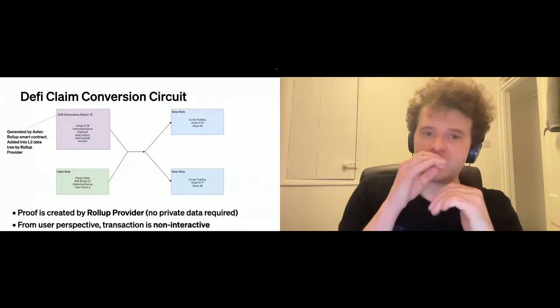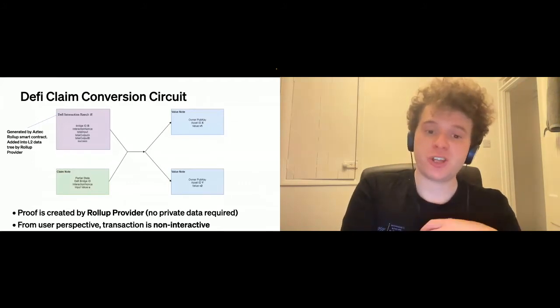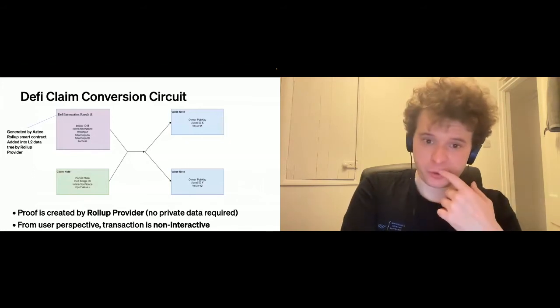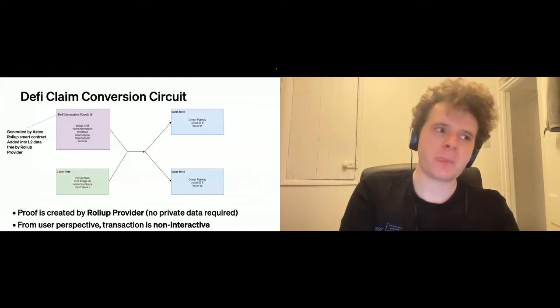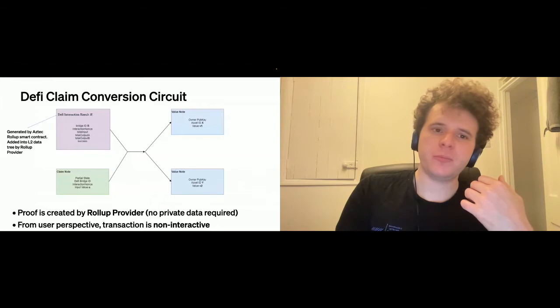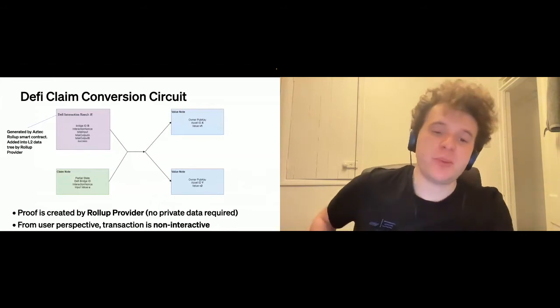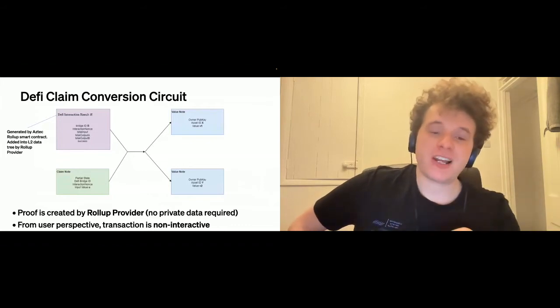And something I missed out here is we've embedded some information in the claim note to ensure that the Rollup provider gets paid a fee for performing this conversion step. So it's in their economic incentive to do so. Specifically, in this DeFi deposit flow, I've mentioned here that the transaction fee you pay to the Rollup provider is the difference between the sum of the input and the output values.